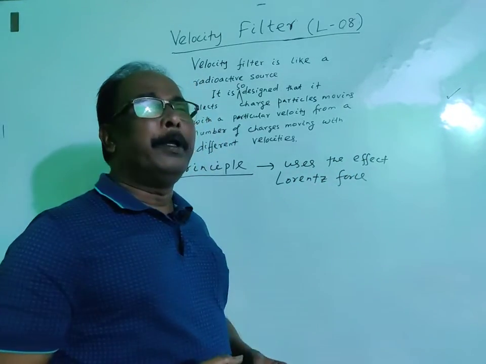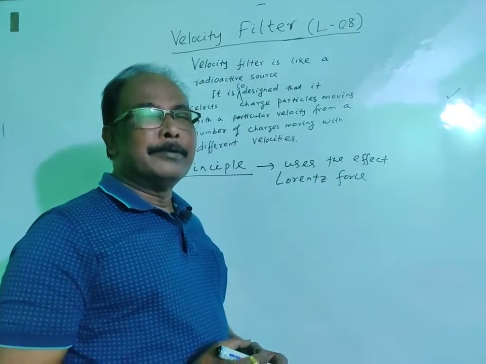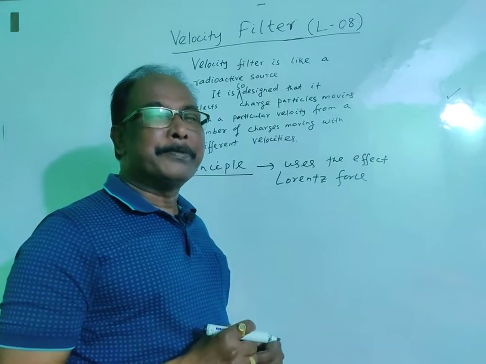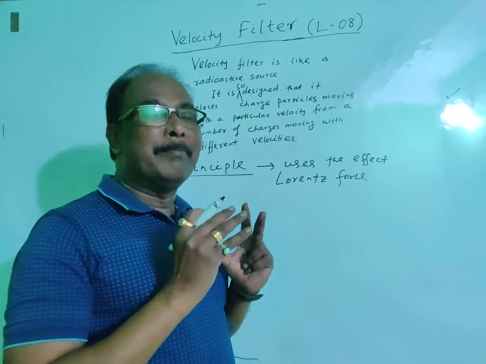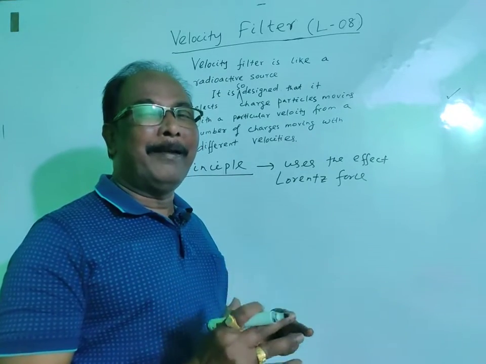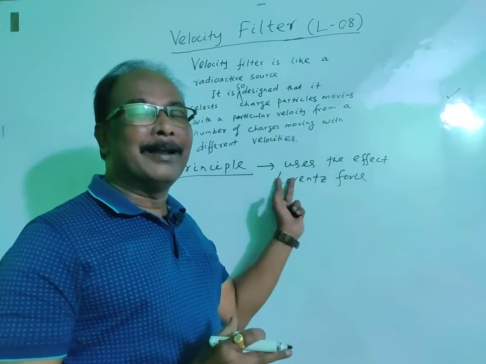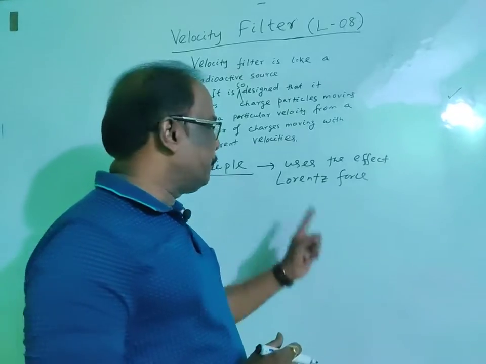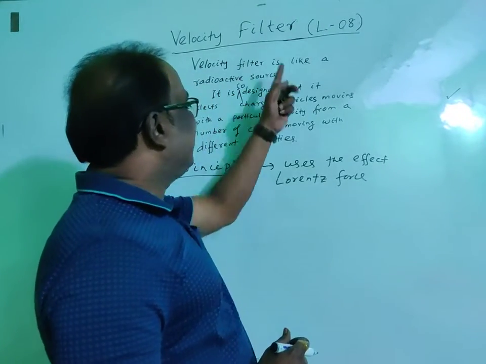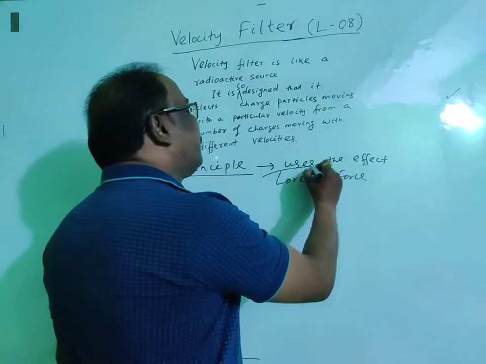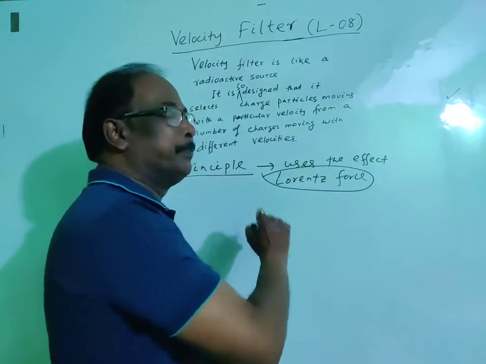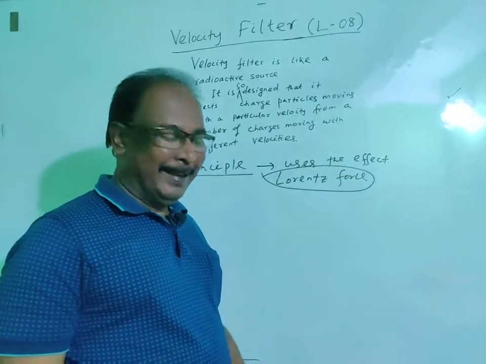We have already discussed that the resultant force experienced by a charged particle moving in combined electric field and magnetic field is called the Lorentz force. So the velocity selector works on the principle of Lorentz force.